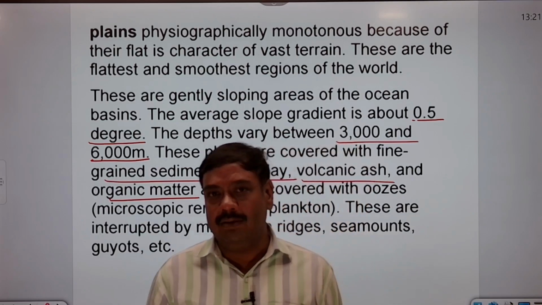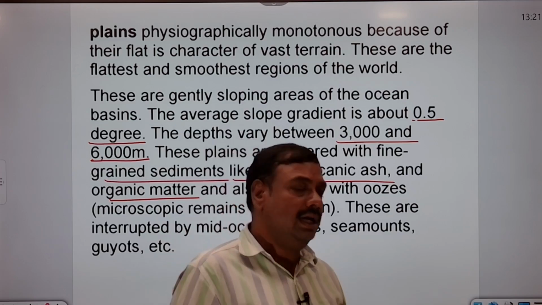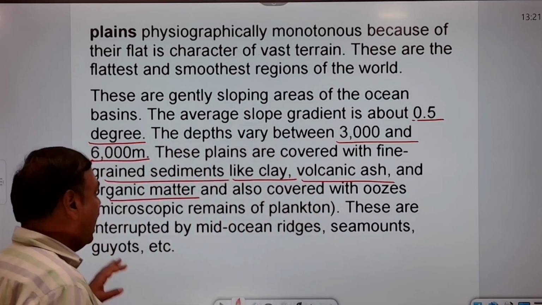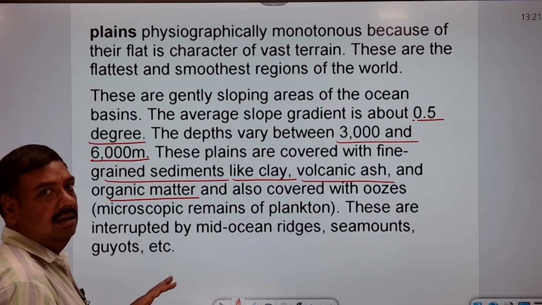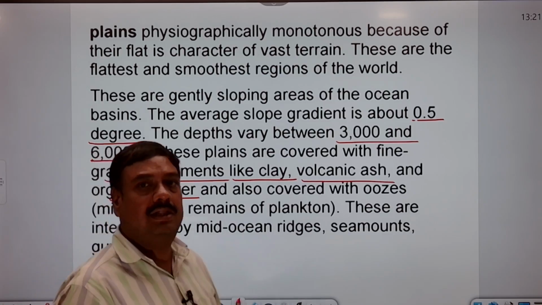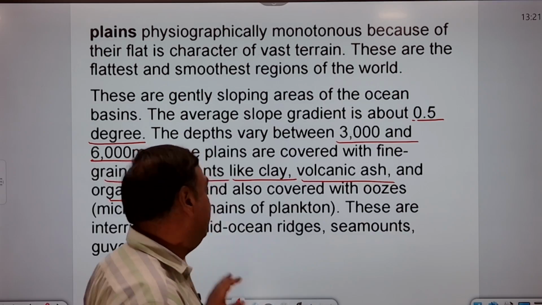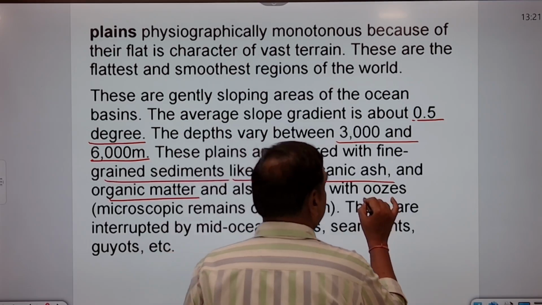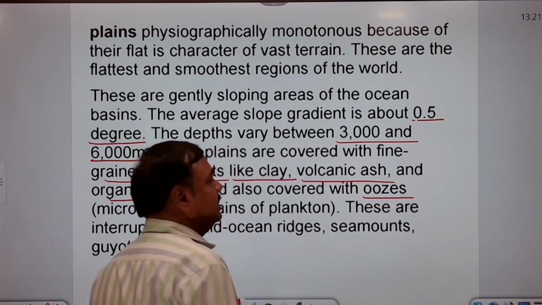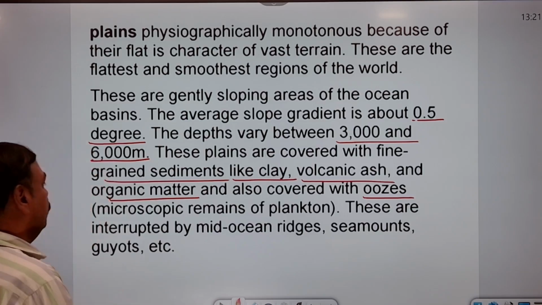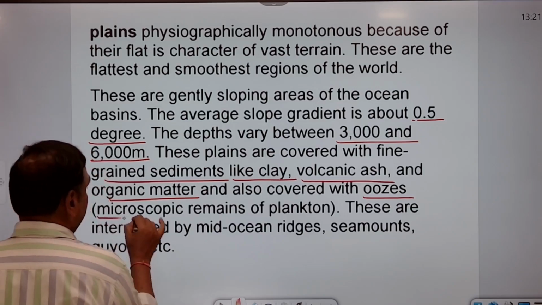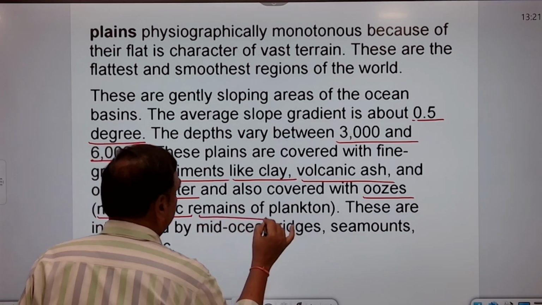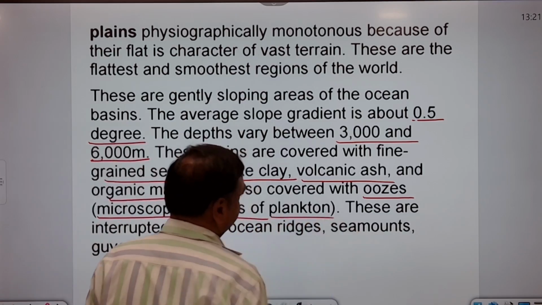So, these organisms which are living there, after their death, since decomposition takes place there, so much organic material can be formed there. These are called ooze, and the plains are also covered with ooze. What are oozes? Oozes are microscopic remains of planktons.